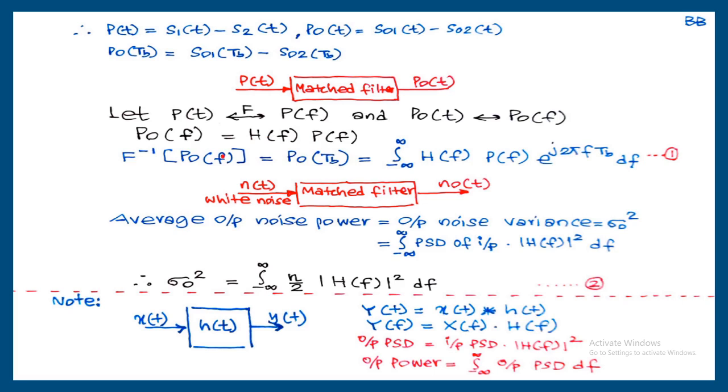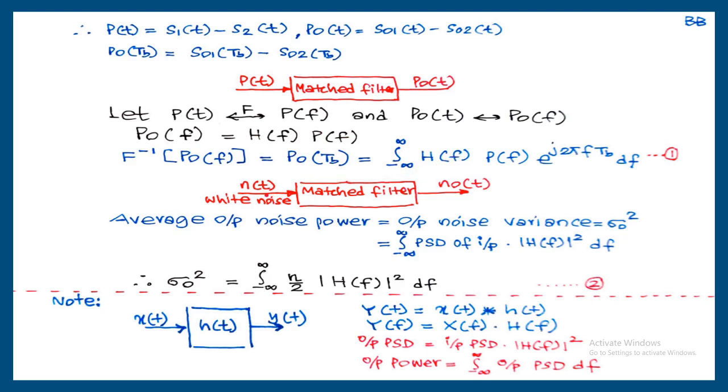Then take the inverse Fourier transform. Inverse Fourier transform of P0(f) is equal to the integral from minus infinity to plus infinity of P0(f) e^(j2πf TB) df, TB is written here, and then P0(f) is replaced with H(f) into P(f). That is equation number 1.